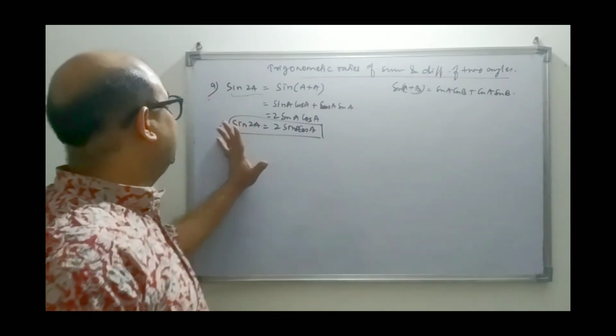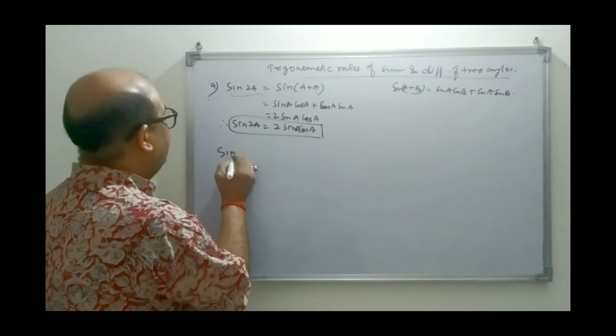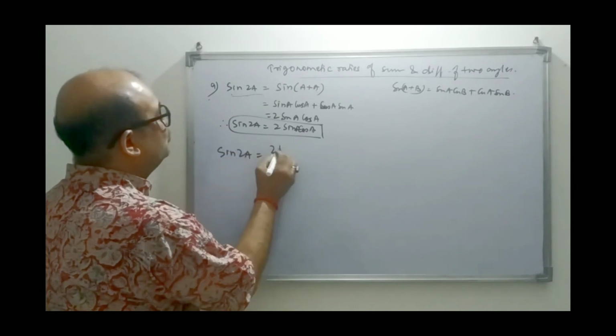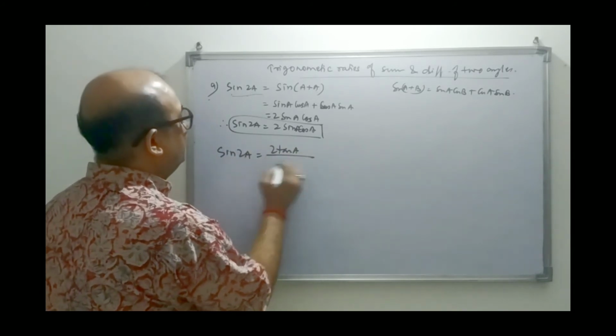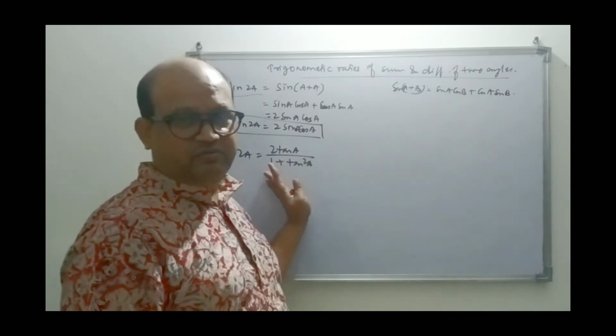There is one more identity of sin 2A: sin 2A equals 2 tan A upon 1 plus tan square A. How is it? You have to see.